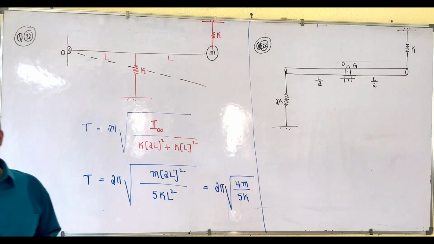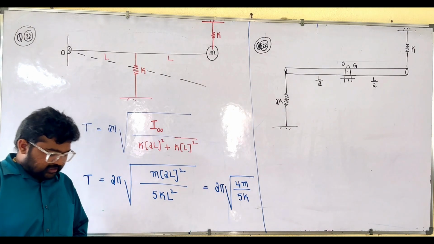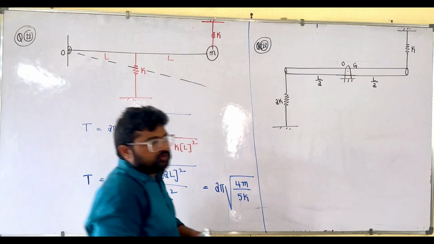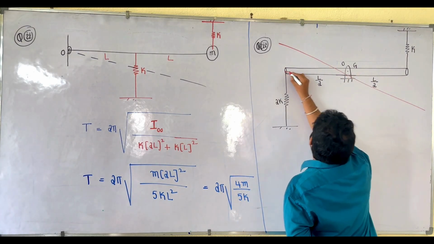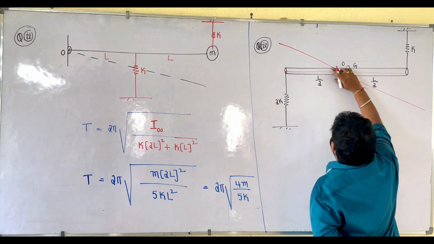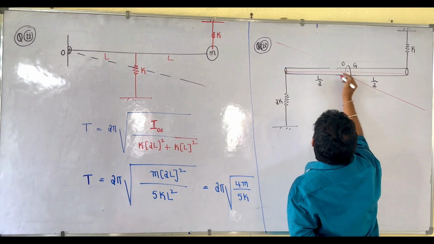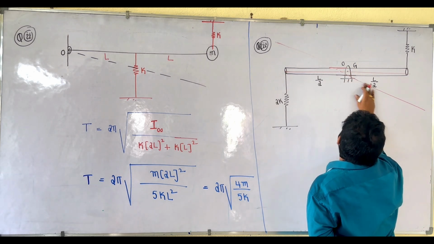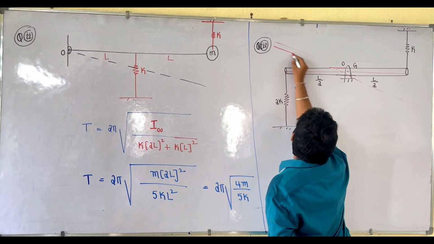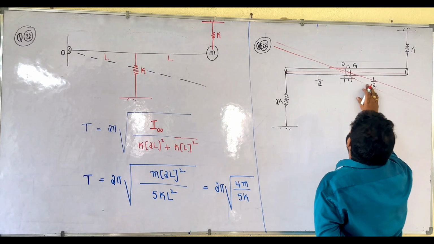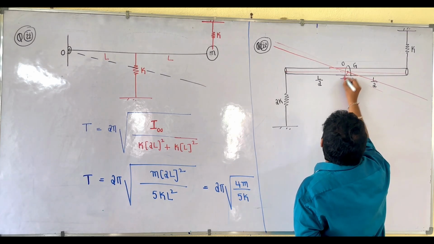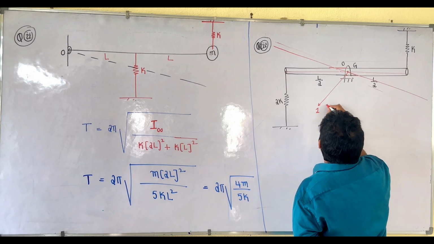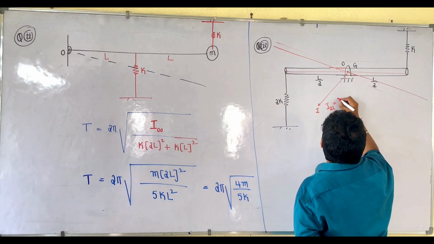What is the time period of oscillations? You are giving disturbance about which point? Point O. Here O coincides with the center of gravity Z. What is the mass moment of inertia of the rod about the Z axis?